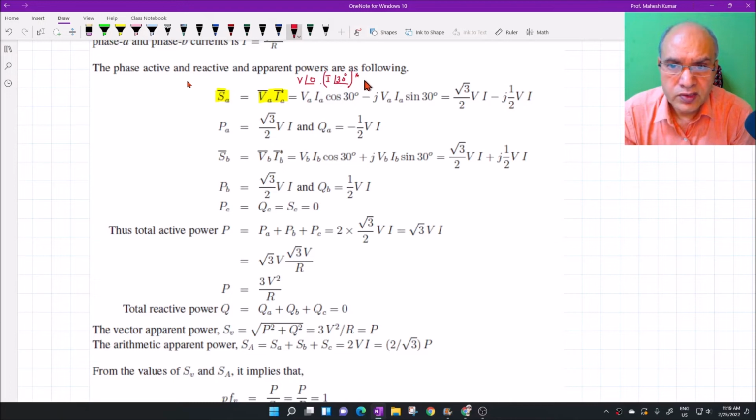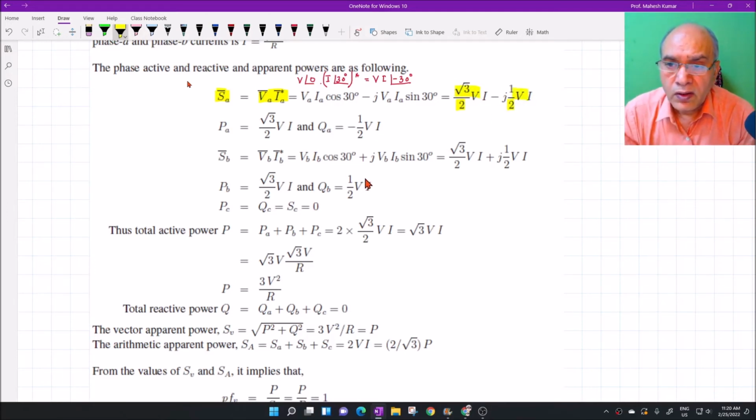So it becomes BI angle of minus 30 degree. This gives the expression BI cos 30 minus J BI sin 30, which leads to root 3 BI by 2 minus J BI by 2.